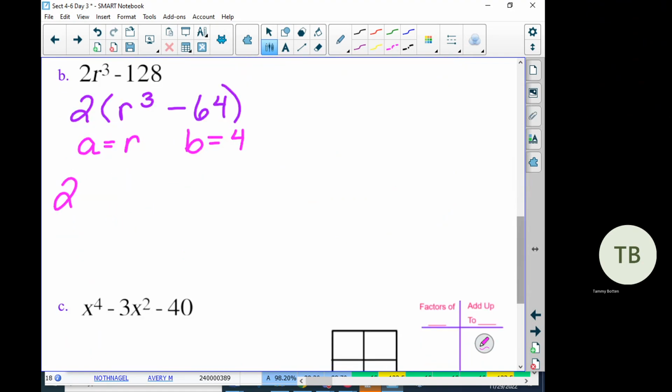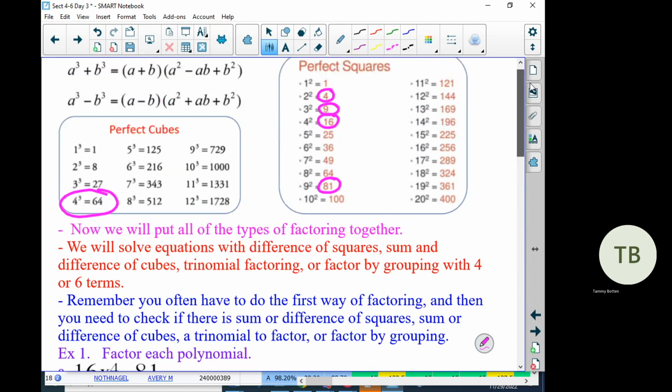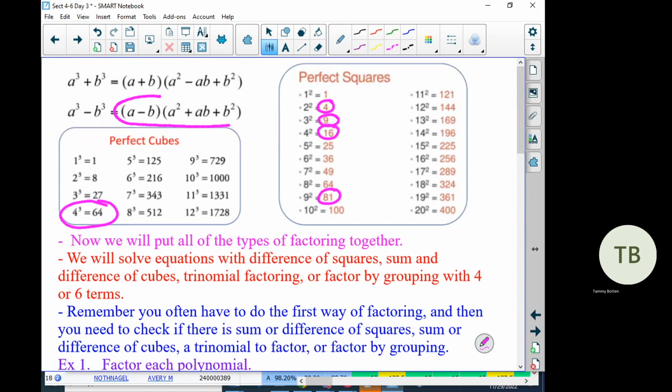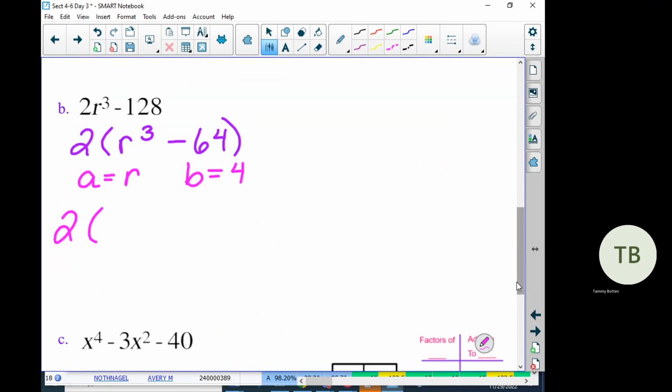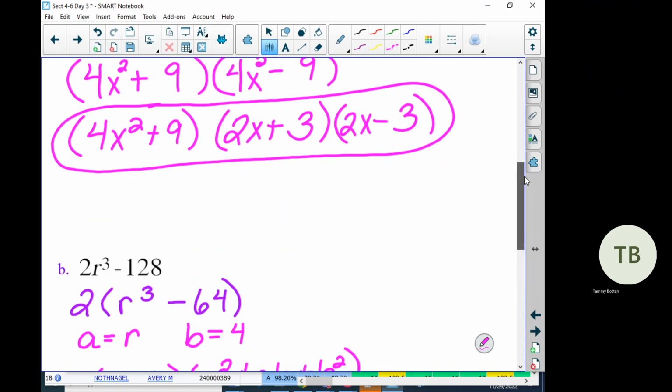Okay. Now what I do is I copy down the formula for difference of cubes, which is right here. So it would be A minus B times A squared plus AB plus B squared. So that's your formula.